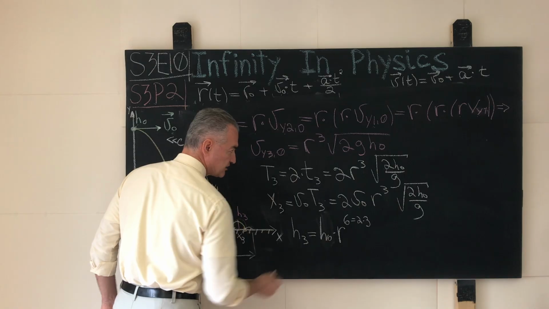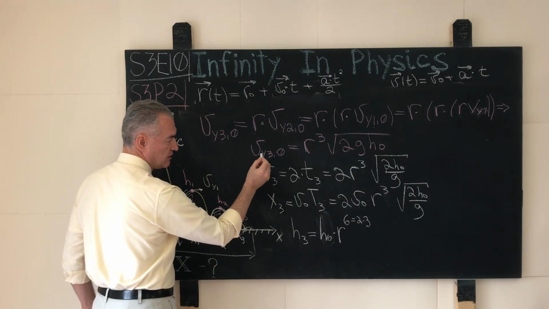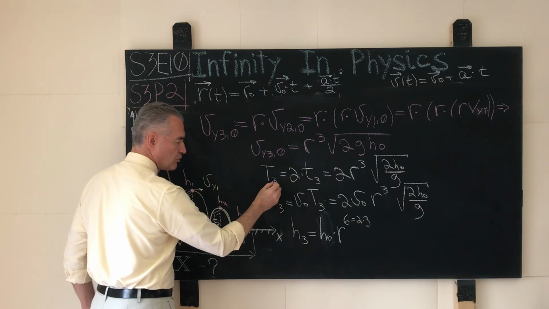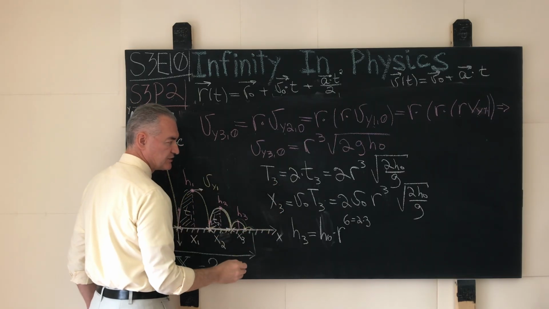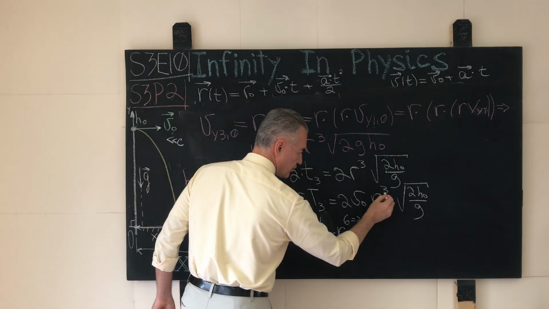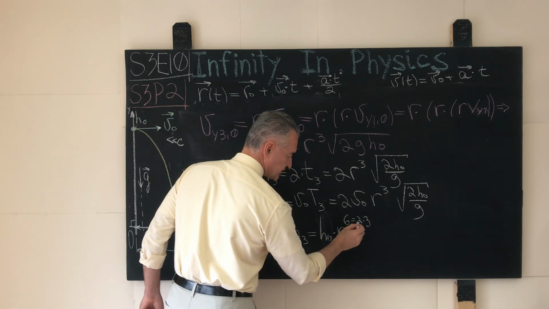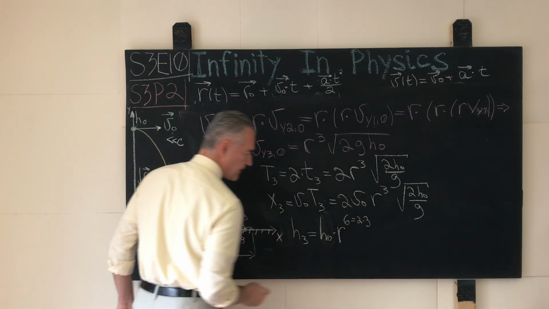So in some sense, we can see that the corresponding velocity, airborne time, and the horizontal distance, all these magnitudes diminish proportional to the third power here. The height actually diminishes way faster, at twice that rate.